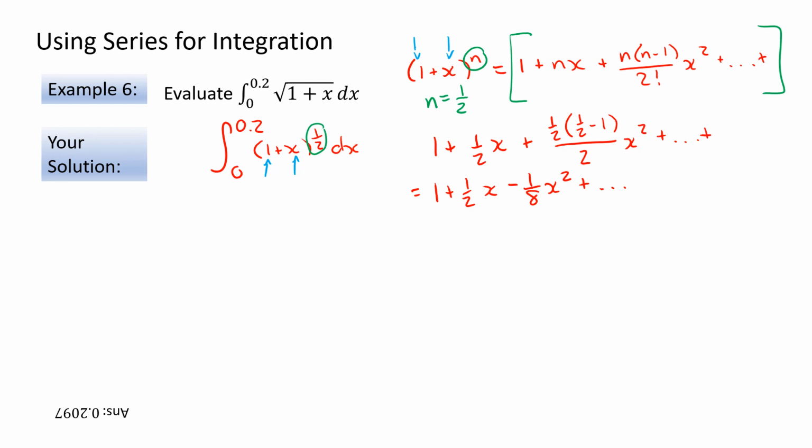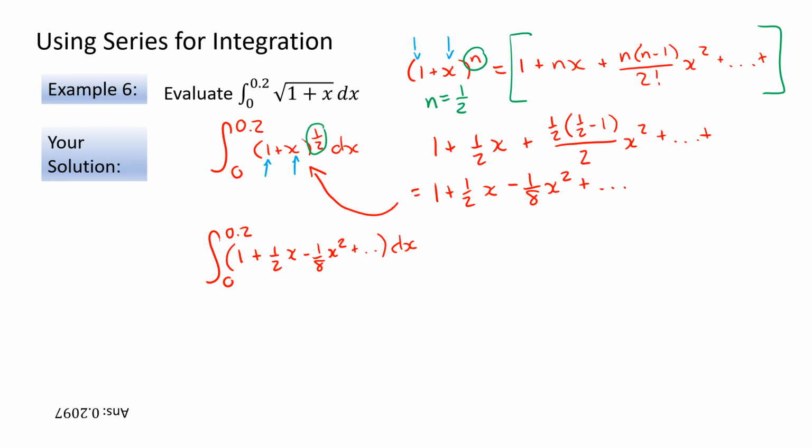So what we can do is substitute these in instead of the 1 plus x to the exponent 1/2. If we do, we get the integral from 0 to 0.2 of 1 plus 1/2 x minus 1 over 8 x squared plus the remaining terms dx. Now, remember, using the power rule, we can integrate this.